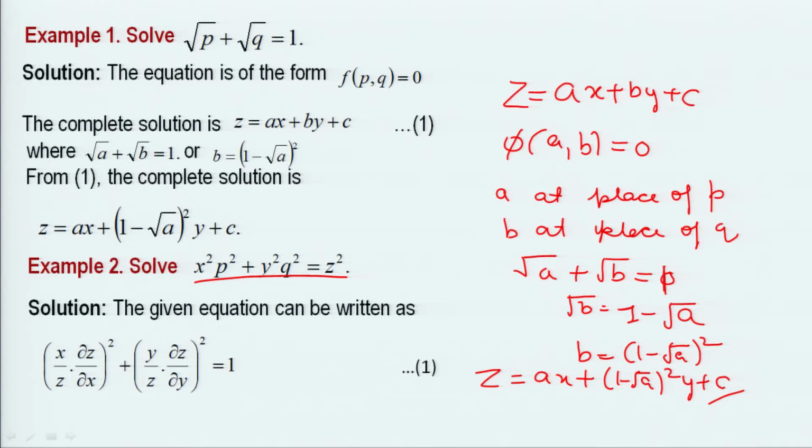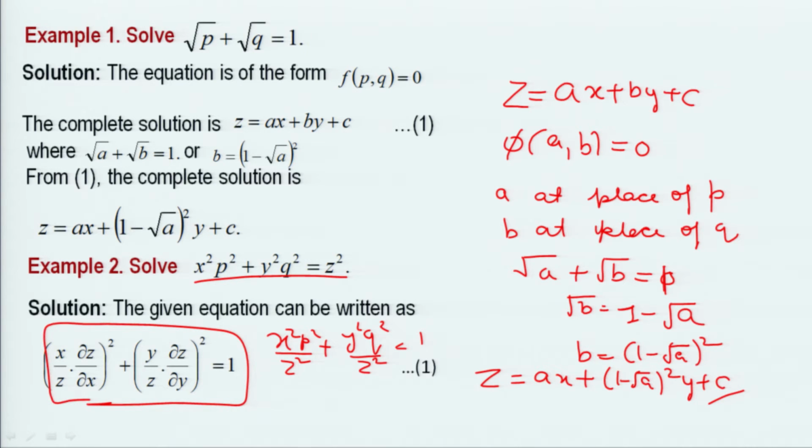For this, we divide the equation by z squared, so x squared p squared upon z squared plus y squared q squared upon z squared is equal to 1. That means (x upon z times del z upon del x) whole squared plus (y upon z times del z upon del y) whole squared is equal to 1, and we want to reduce it to the form of type first.